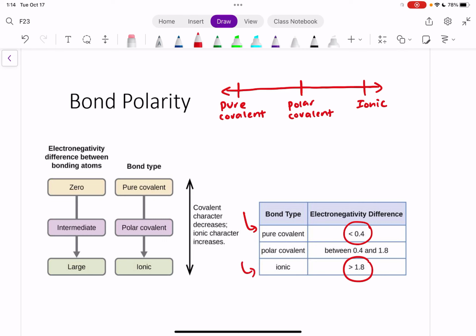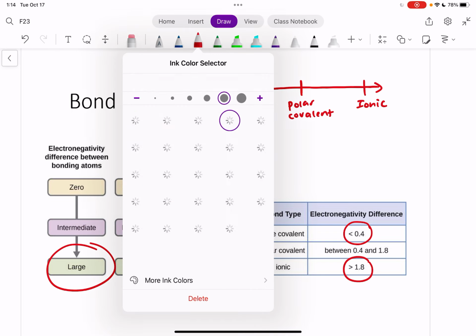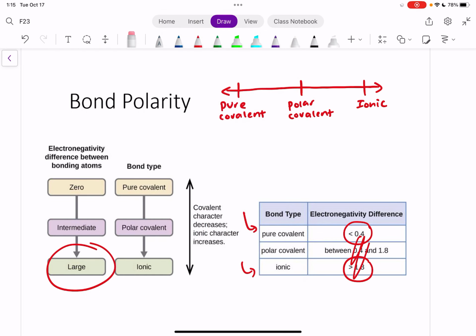Then we're looking at an electronegativity difference that's large, so large that they're not sharing anymore at that point. Someone's giving and taking. And anything in the middle, between 0.4 and 1.8, is going to be polar covalent.